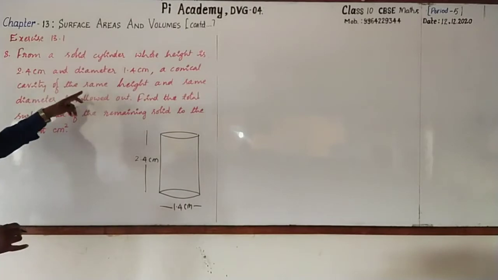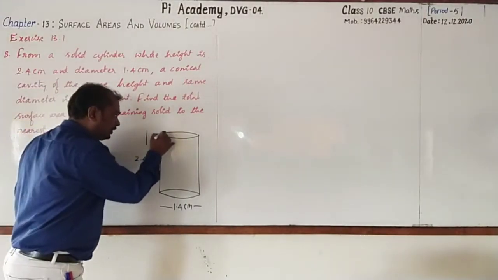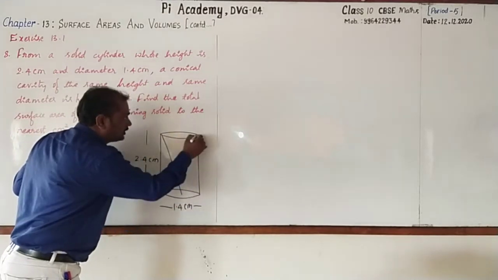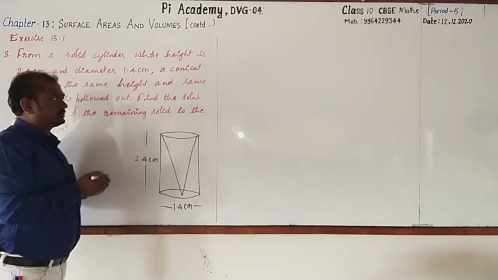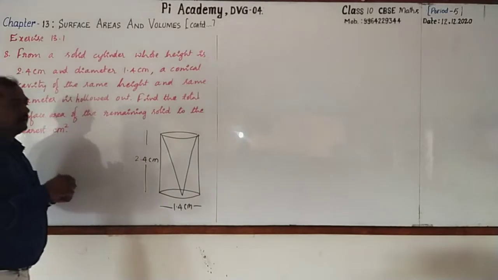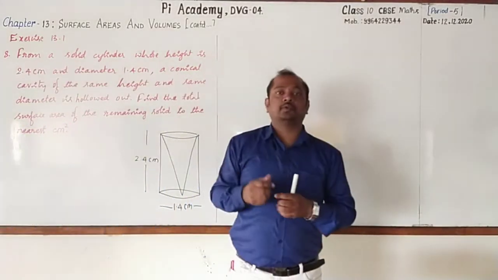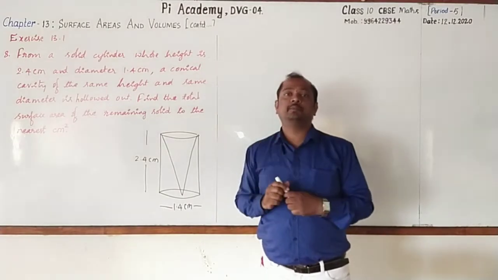A conical cavity of the same height and same diameter is hollowed out. We are going to scoop out the shape called cone. We are removing that. Then we have to find out the total surface area of the remaining solid. When it is scooped out, whatever appearance part will be there, its area should be found out.